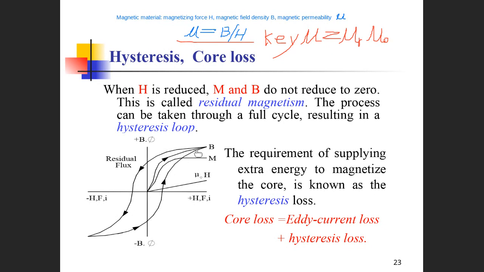Therefore there is a loop. This loop we call the hysteresis loop. This also shows you that mu, which is the ratio of B over H, is actually changing with the value of H, which is not a constant.